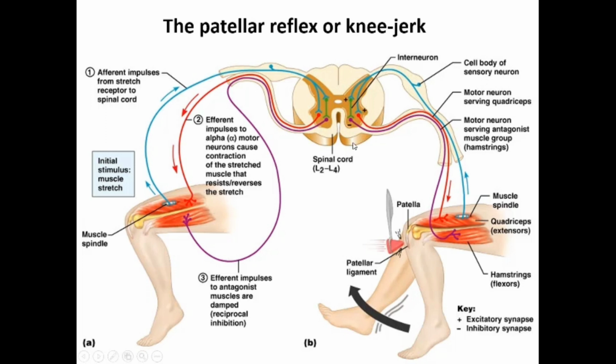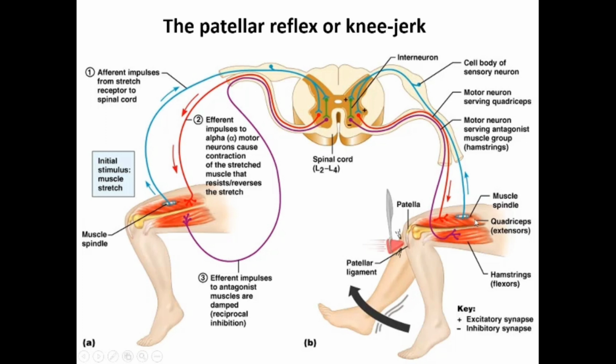Let's see a good example for better understanding of the function of the muscle spindle. You can see here in our legs and on our thigh, we have two kinds of muscles in our limbs.